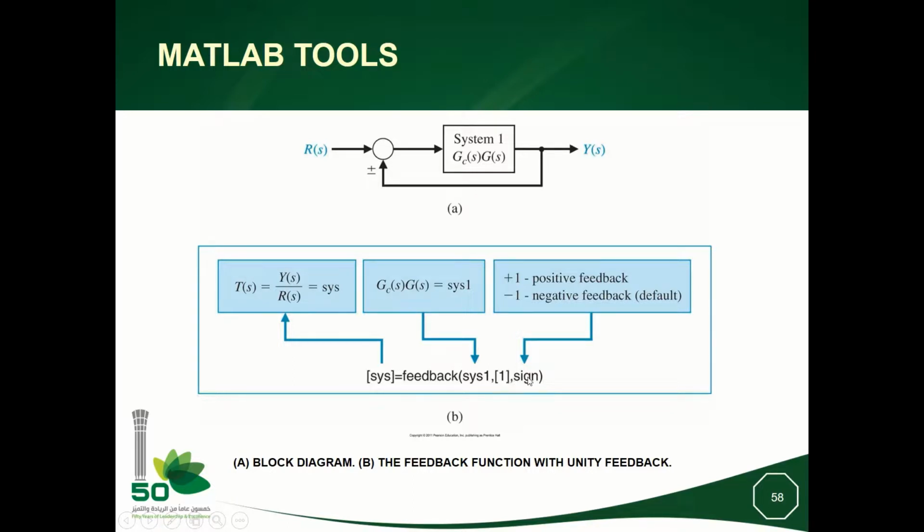I put 1, and here the sign. If I put plus 1, it means here I will put plus. If I put minus, it means here will be minus. If I omit the sign, this third argument, it will be taken as minus. It means negative feedback.